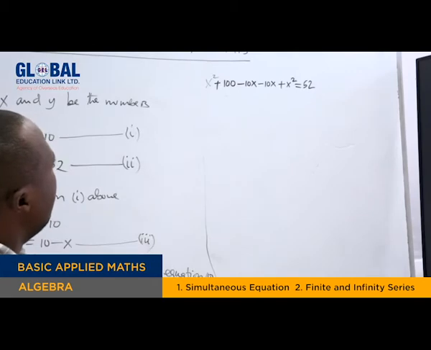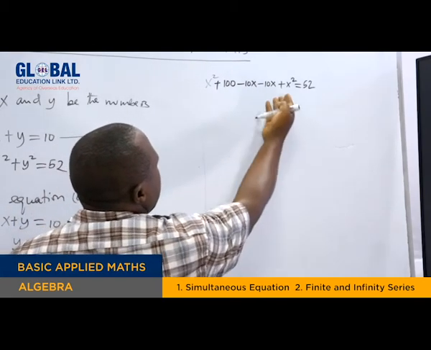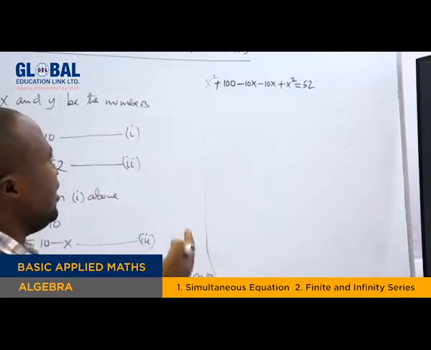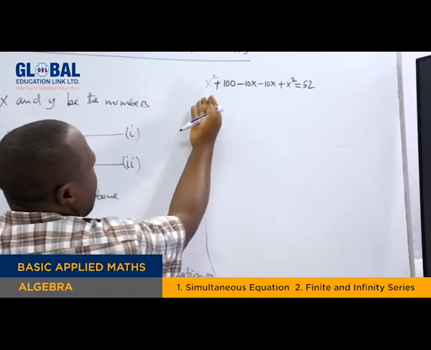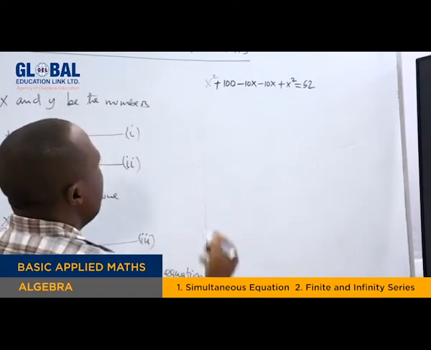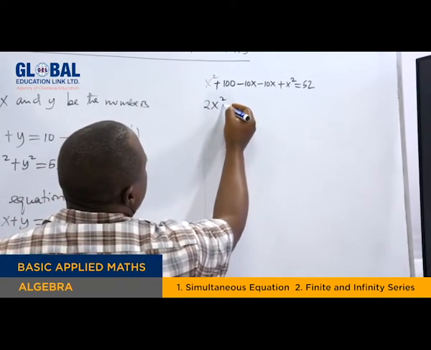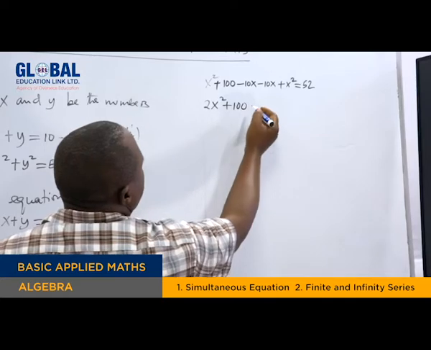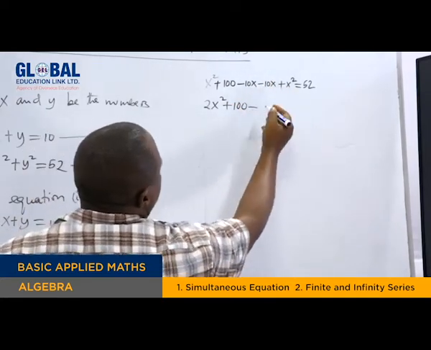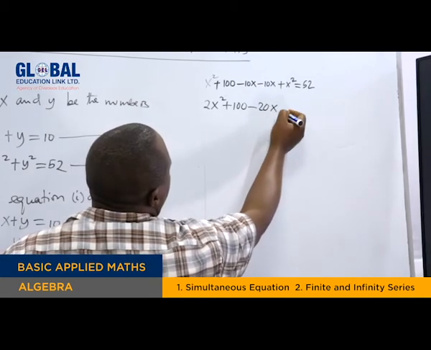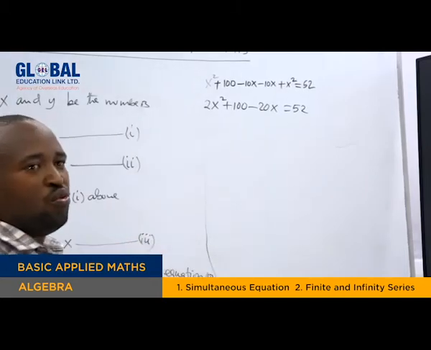Now, my dear student, we have negative 10x, negative 10x, so we just add these terms. We start with x squared plus x squared, which is 2x squared, then plus 100, then minus 10x minus 10x, that is minus 20x, which is equal to 52.